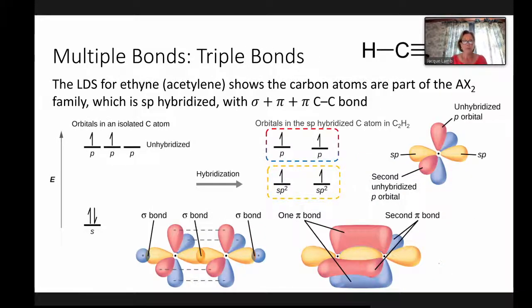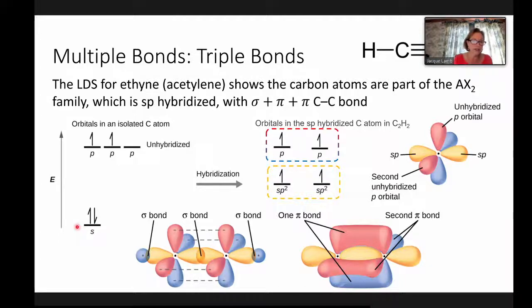The triple bond that you can see here in acetylene is the same kind of thing, but we now have 2 unhybridized p orbitals. When we hybridize this, our carbon only needs to form 2 bonds, one with the other carbon and one with the hydrogen.